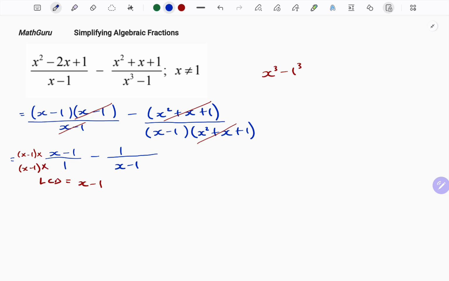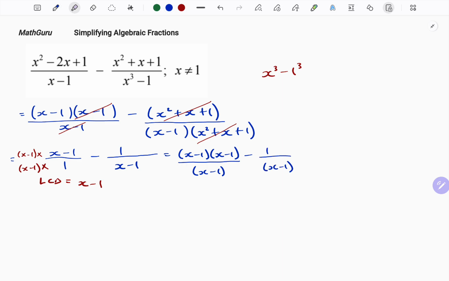So if I rewrite my expression, I have that as x minus 1 multiplying x minus 1 divided by x minus 1, minus 1 over x minus 1.